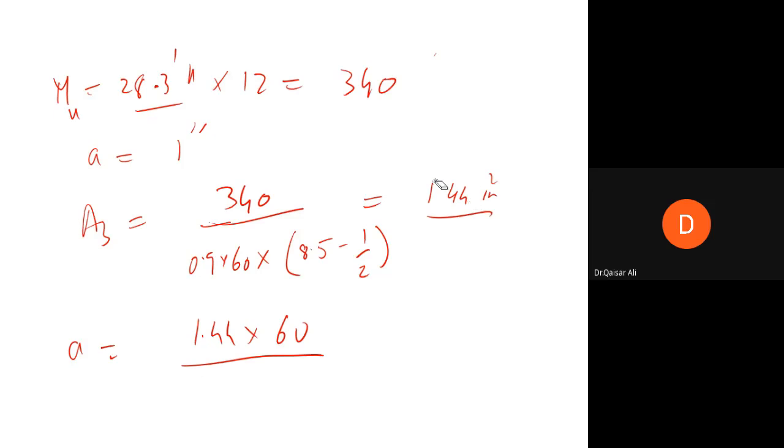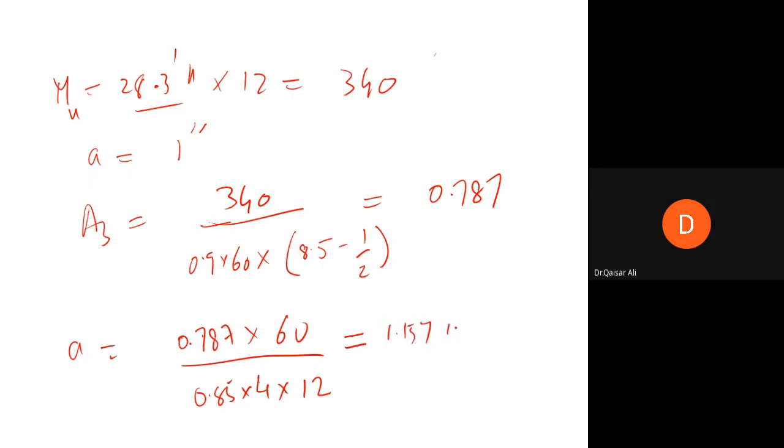0.787. 0.787 into 40, that's number As fy divided by 0.85 fc prime b. 1.157 inch.